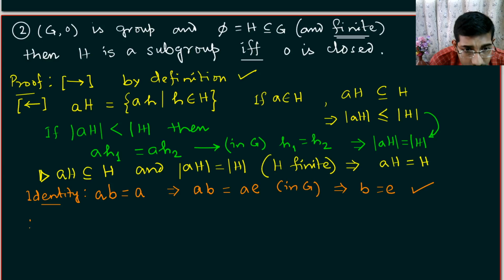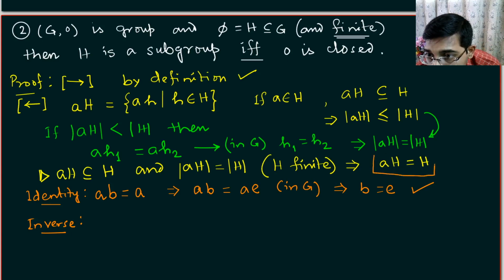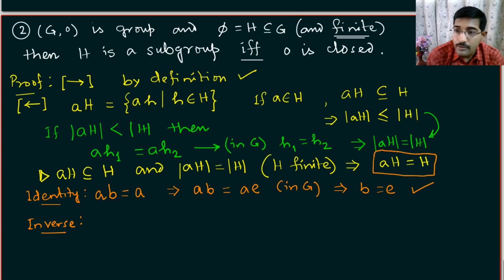For the inverse element case, since the identity exists, the identity is also a member of H. So just consider this our very famous equation, AH equal to H. So for the identity element present in H, with A and some other elements from H, it will also be equal to that, because these two sets have the same elements.